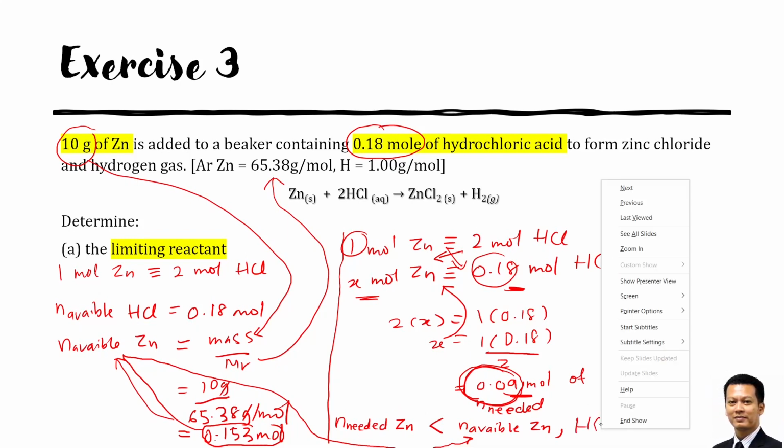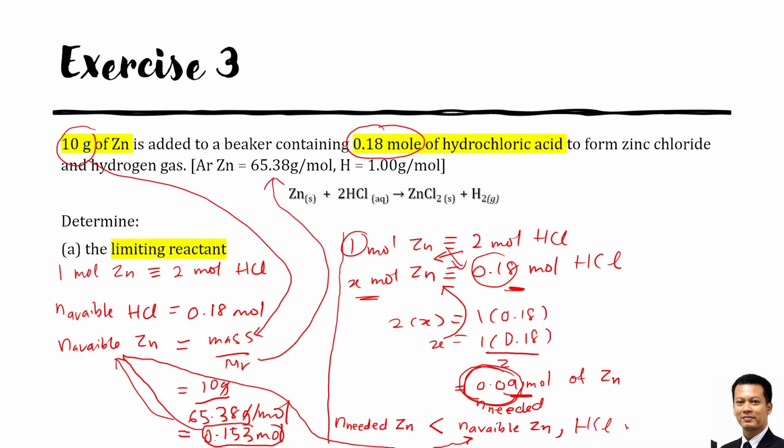So that is about limiting reactant. I hope you get the idea for this one. HCl is the limiting reactant. This you need to remember because we need to answer the second question.